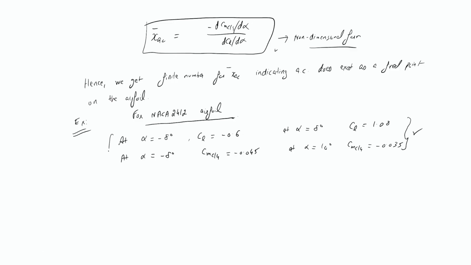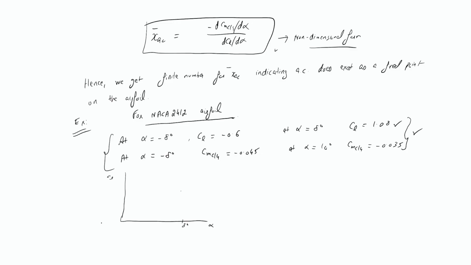Whenever I give these values to students, I always instruct them to make rough plots with these values, so that it gives you an idea of how the curves vary with respect to angle of attack. Now let us first plot the CL versus alpha curve. At alpha equals 8 degrees, CL equals 1.08. So consider this as 1.08.